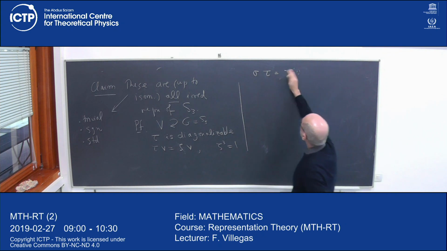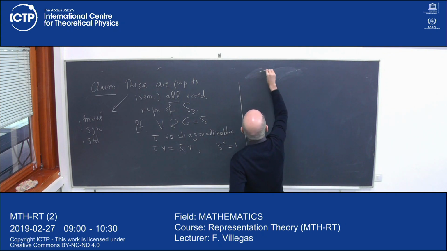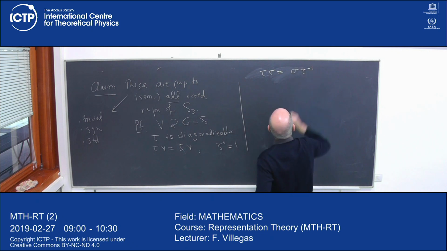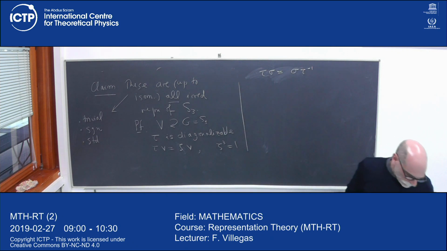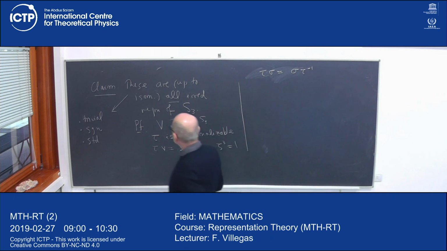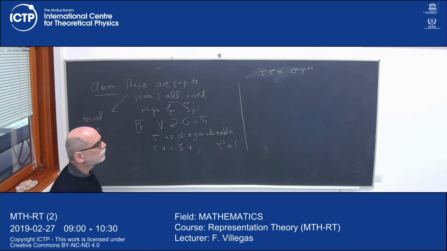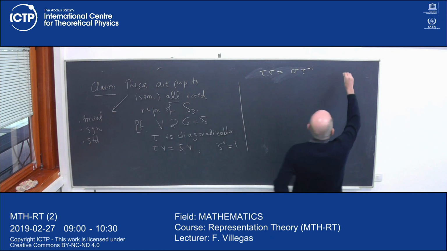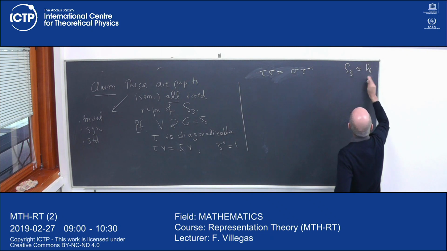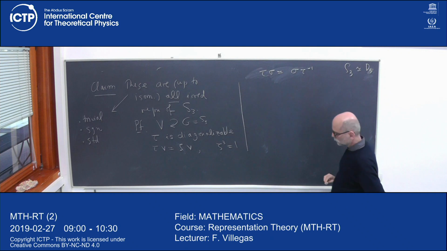Tau sigma is sigma tau inverse. This is the dihedral relation. The group S3 is actually isomorphic to the dihedral group of order 6. I never remember, do we write this D3 or D6? It's a group of order 6.